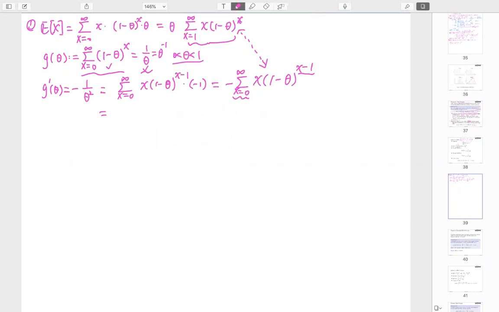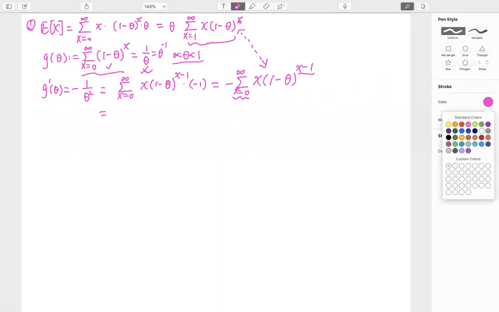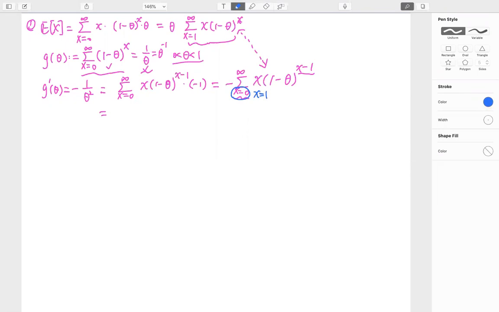So this is the same as x starting with 1, because when x is 0, it's 0 times something. So I start with 1, (1 minus theta) to the x minus 1.